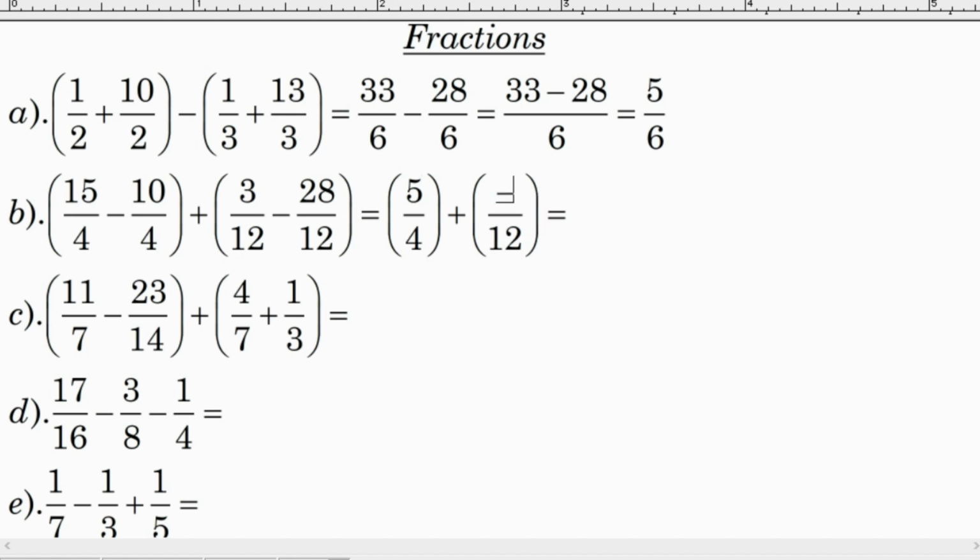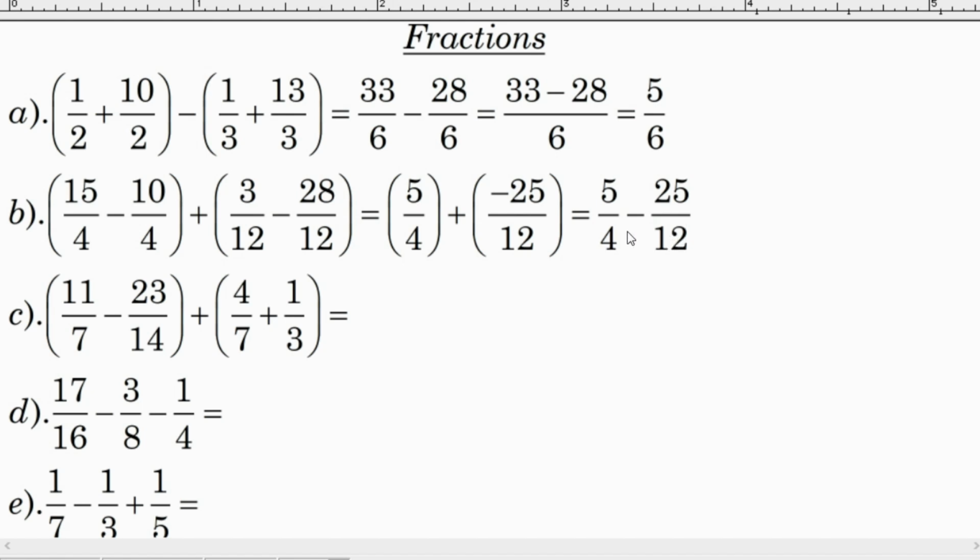Okay, so minus 25. Then which is equal to 5 divided by 4, and positive and negative sign gives us a negative sign. Okay, so then that will be 25 divided by 12.